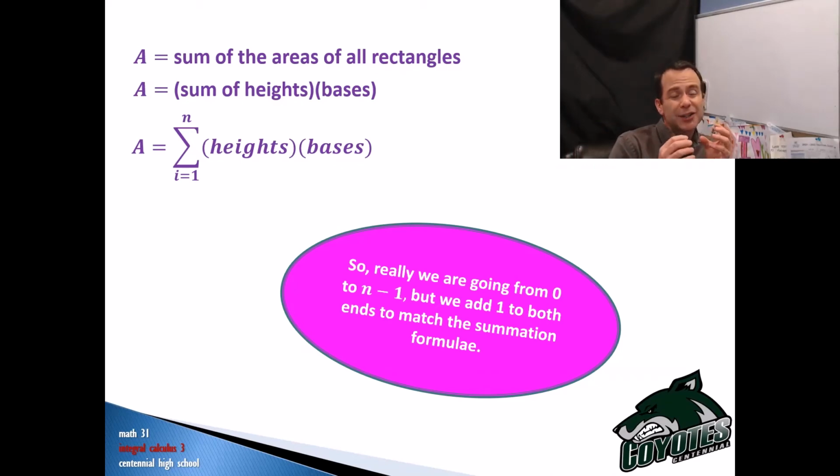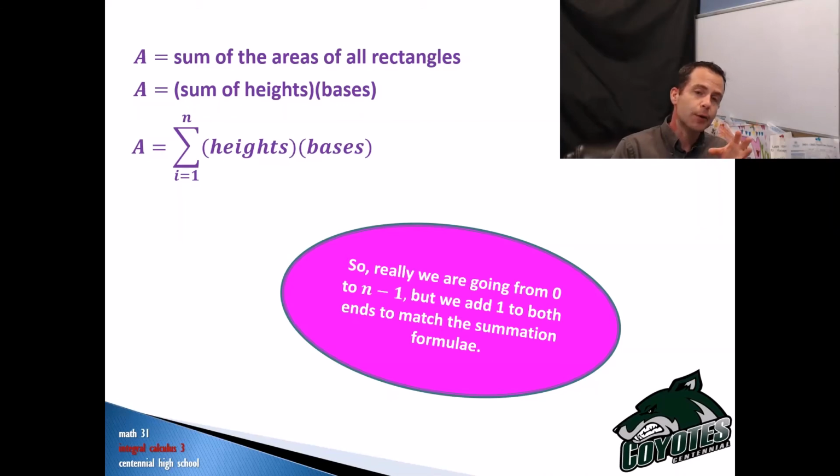And so we went actually from 0 to n minus 1. Now, summation equations don't work starting at 0. And so what we've done here to make it work with the summation formula, we've added 1 to both the bottom and the top. And so now instead of looking at it from i equals 0 to n minus 1, we're going to look at it from i equals 1 to n, okay? That way it matches the summation formula.